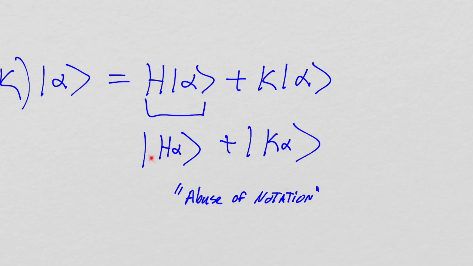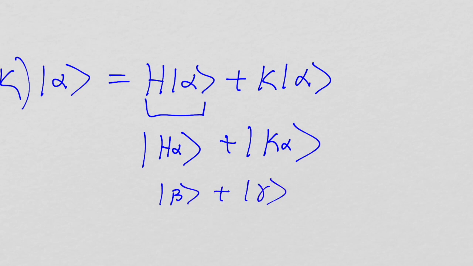This is a new label, right? H alpha is to be understood as a label. And you'll frequently see this, Griffiths makes a big deal about this use of notation. People abuse notation because it's convenient, because otherwise I'd have to write beta plus gamma, and now I have to keep track of where beta and gamma came from.